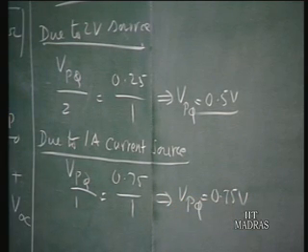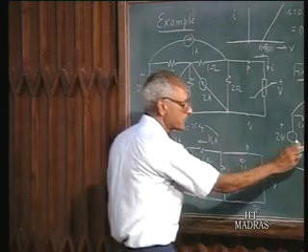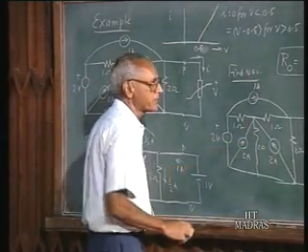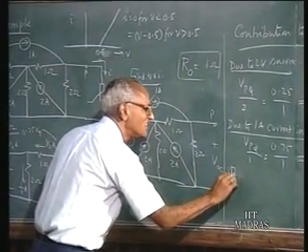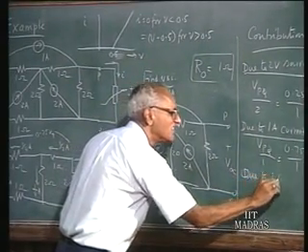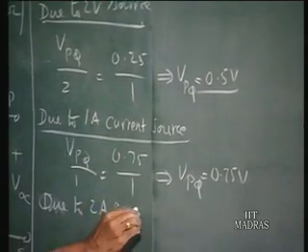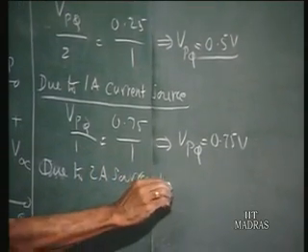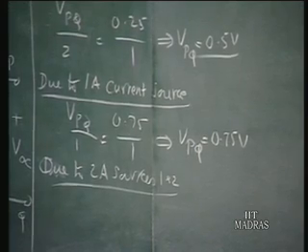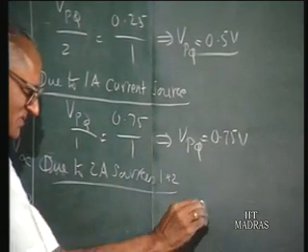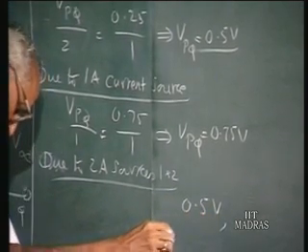Like this, I would leave this as an exercise for you to calculate the contributions to this 2 ampere source and this 2 ampere source. Sources 1 and 2, there are 2 such sources and you can calculate them to be 0.5 and 0.1 volt.